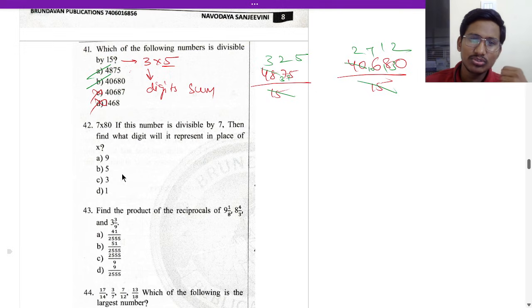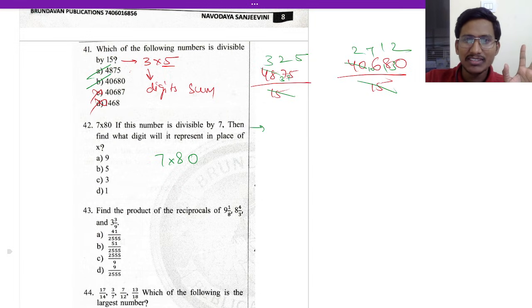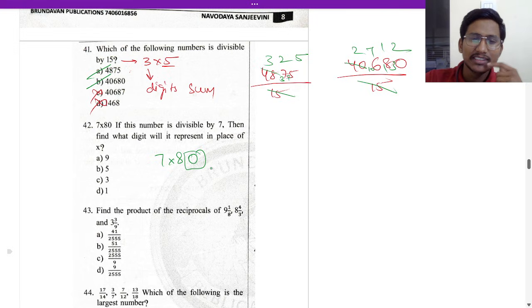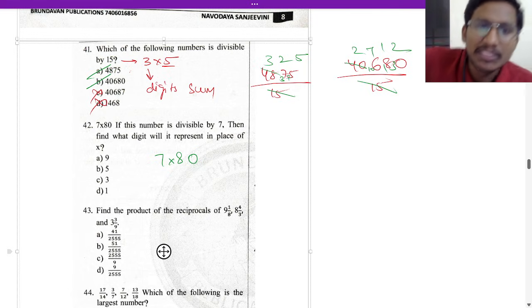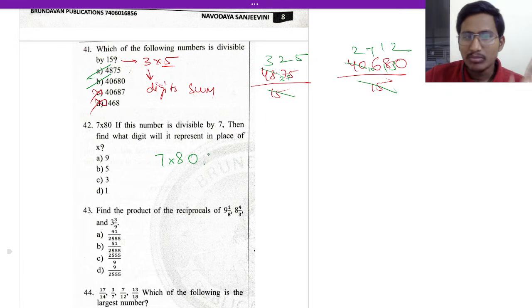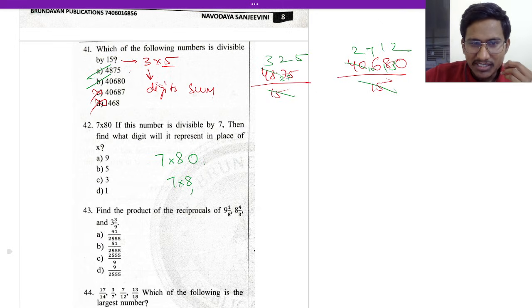So what we have to do here: for divisibility of 7, we take the last digit, multiply it with 2, and subtract it from the remaining number. Here if you see 0 into 2 is 0, it will be the same only. So 7x8 only I will take. So the last digit we have to multiply with 2 and then subtract from the remaining.